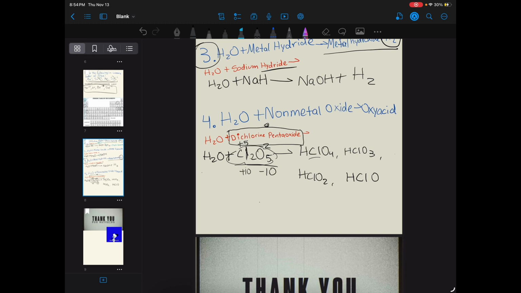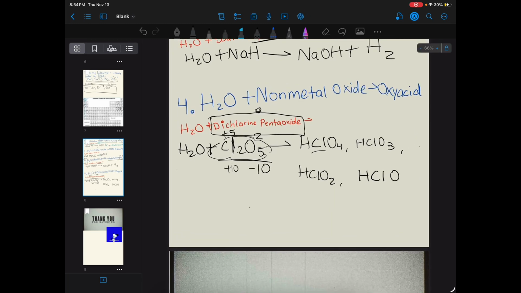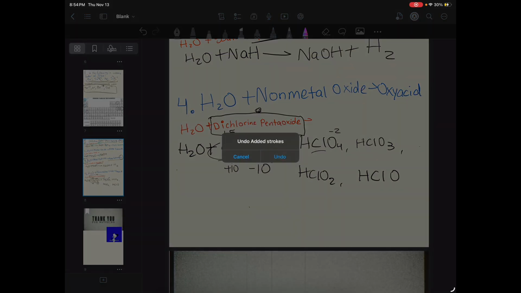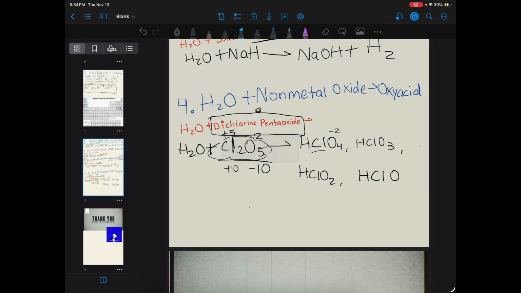So first for ClO4, we know that O4 is usually -2, and then minus 2 times 4, because there are those 4 oxygens over there, would equal minus 8. So then, we know that the ClO4 has a charge of minus 1.